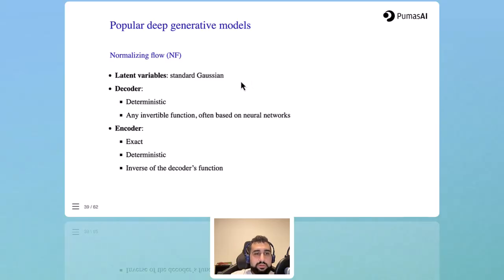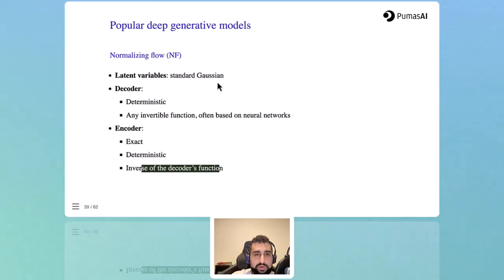Good. Now, the encoder in the normalizing flow is usually implicit. So we think of the encoder here as the inverse of the decoder. So it's actually exact. We don't need to approximate it. And it's deterministic. Again, for every y, there is a very specific value, eta star, and not a whole distribution of eta. And it's actually the inverse of the decoder.